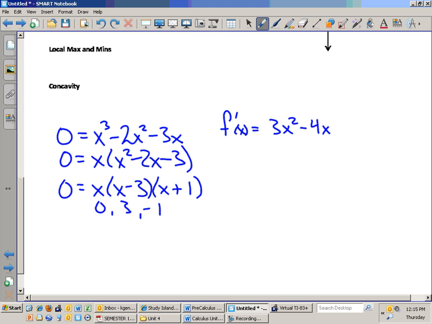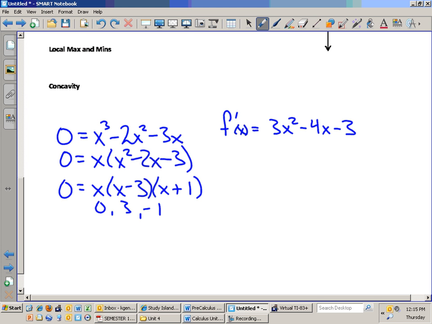3x squared minus 4x minus 3. Okay? Now, in order to find intervals of increasing and decreasing, that's where it changes from positive to negative. So I should really find out where this thing's equal to 0. How do I figure out where this is equal to 0? Unfortunately, I don't think that this thing factors.